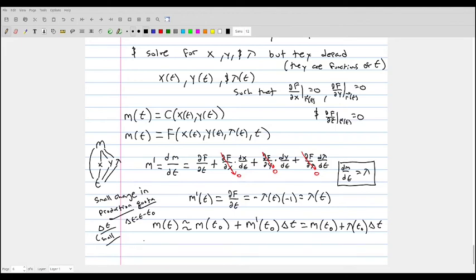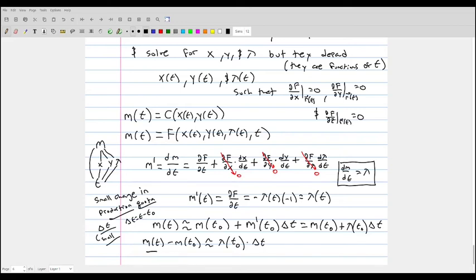So for small delta t, m of t minus m of t naught, the difference in the minimum at production quotas t and t naught, is approximately equal to lambda of t naught, the Lagrange multiplier at t naught, times this difference, delta t.